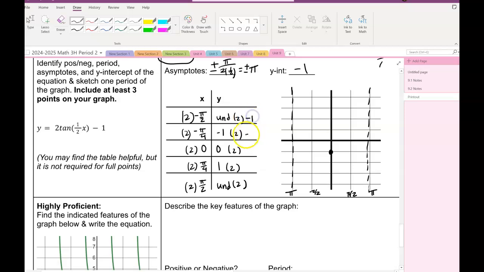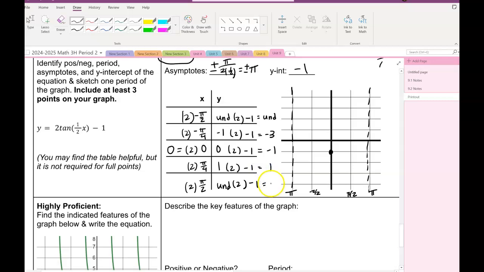And then we'll go down 1. So this is still undefined. This would be at -3. This would be at -1. This will be 0. And this will be 1.